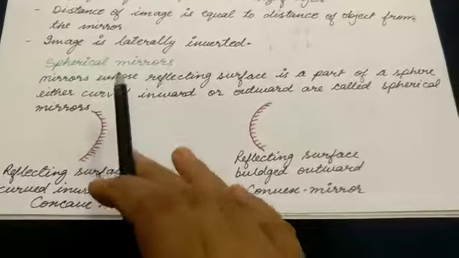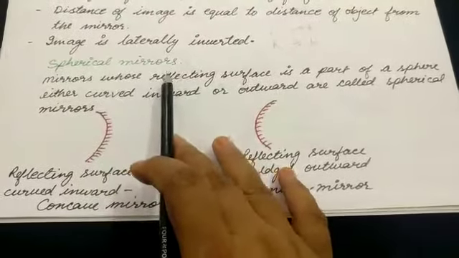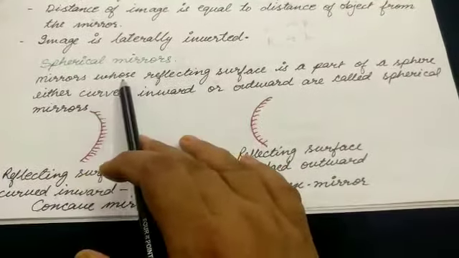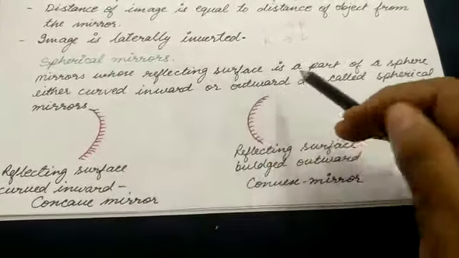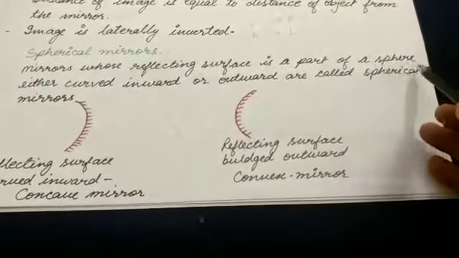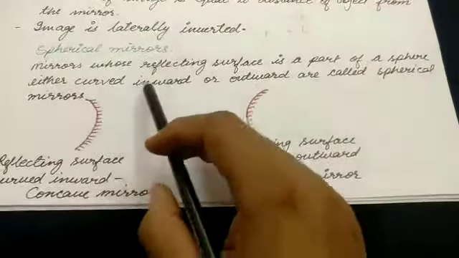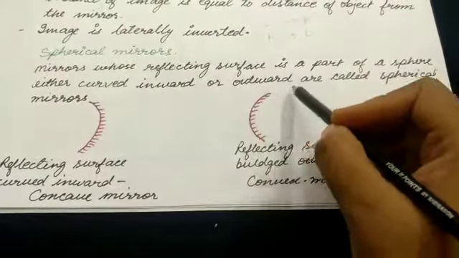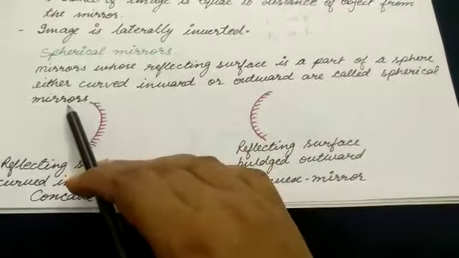Let us see what are spherical mirrors. These are the mirrors whose reflecting surface is a part of a sphere, either curved inward or outward, called spherical mirror.